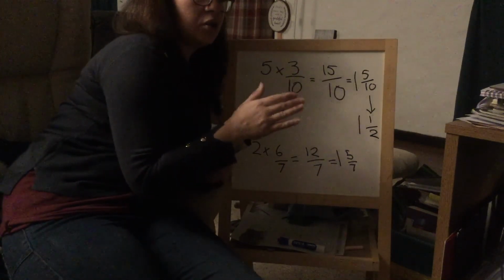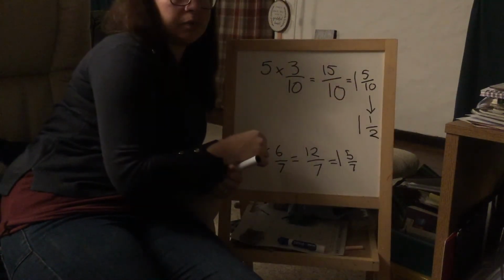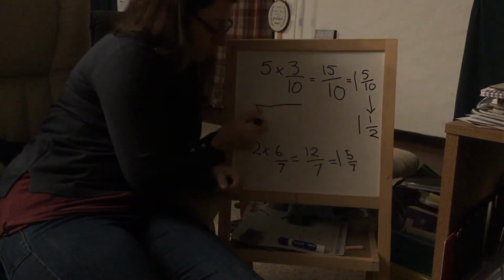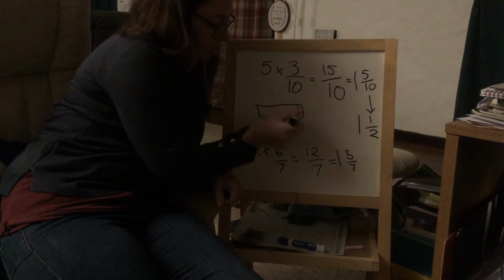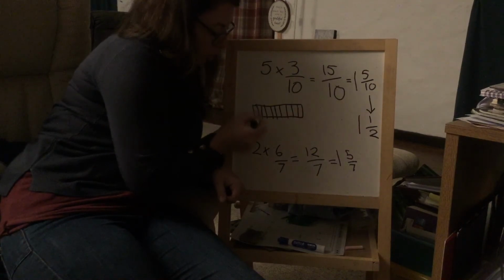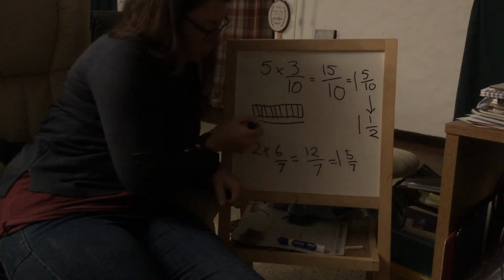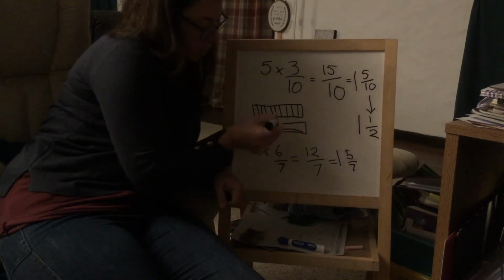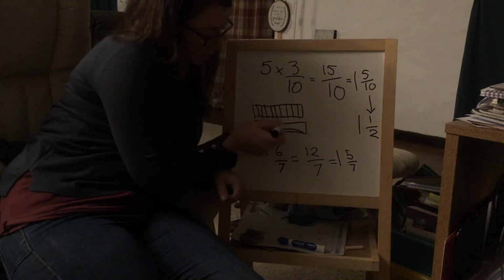Now, if you're ever not sure, you can always draw a bar diagram. Make sure your bars are the same length. So for this one, 1, 2, 3, 4, 5, 6, 7, 8, 9, 10, and then do another bar exactly the same length, a bit neater than mine, which is split exactly in half.